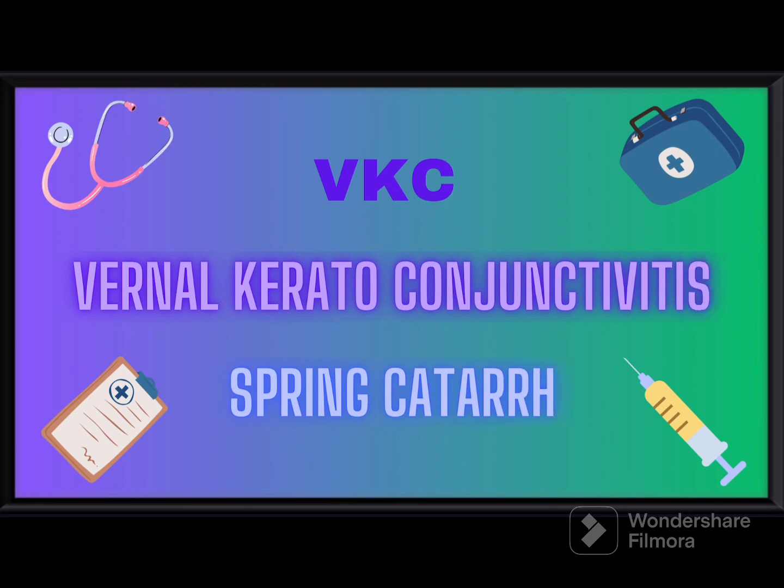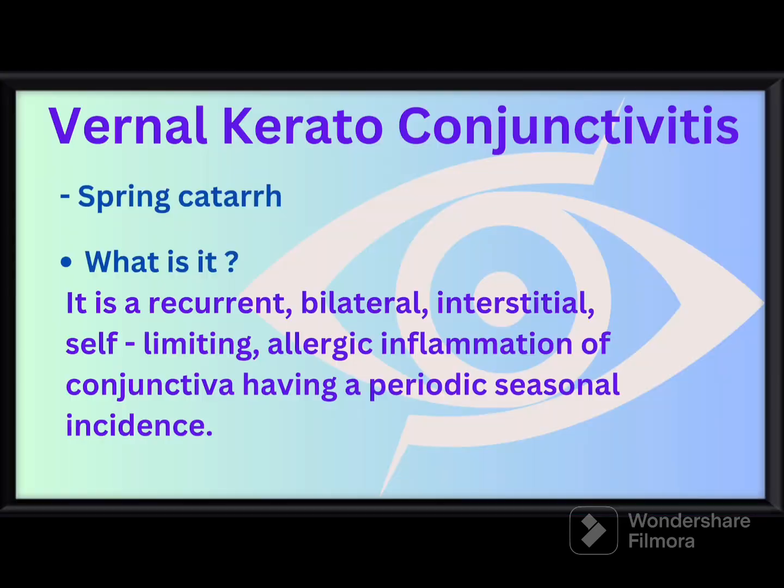So today let's discuss VKC. VKC is Vernal Keratoconjunctivitis. It is otherwise called the spring catarrh. Is it a misnomer? Yes, spring catarrh seems to be a misnomer because we see that VKC is more common in summers and recently we are labeling it as warm weather conjunctivitis.